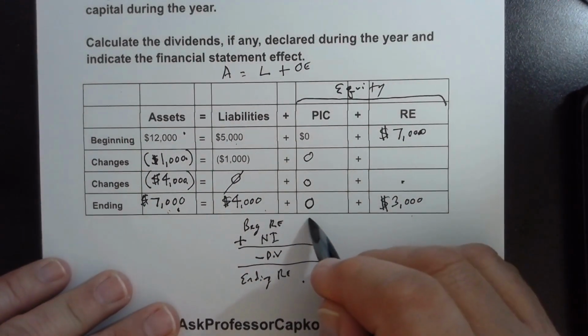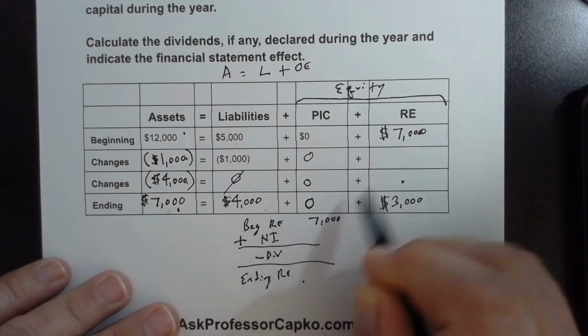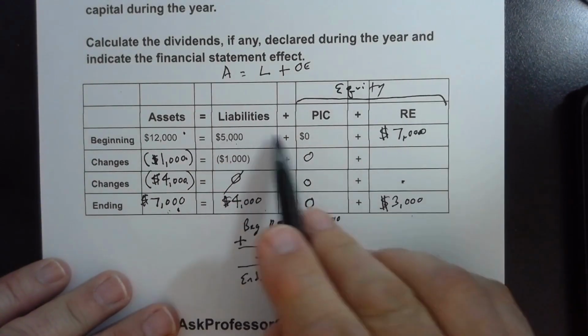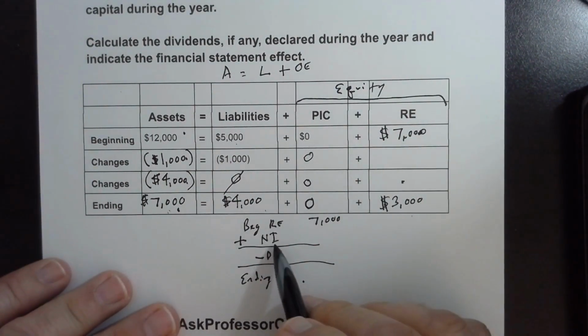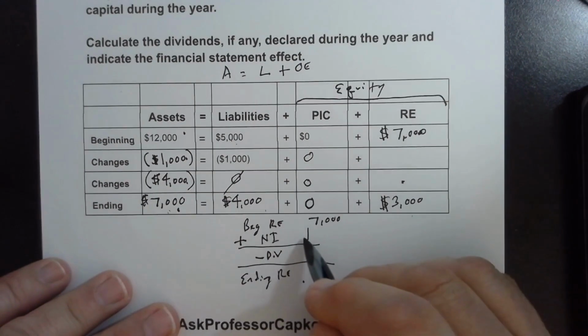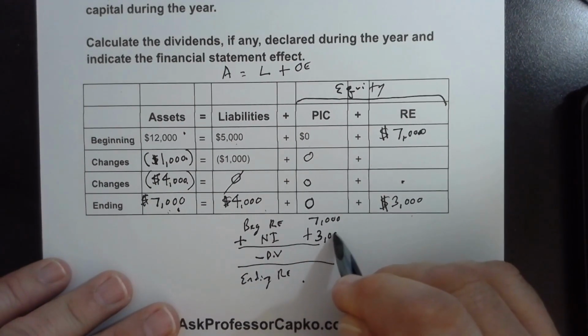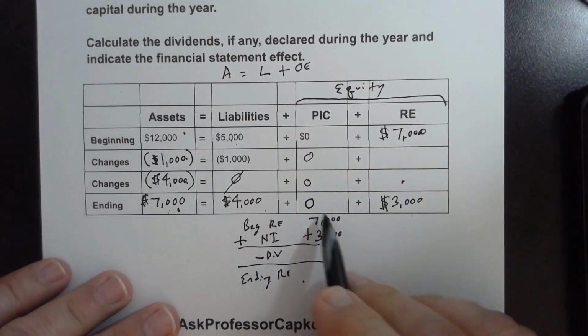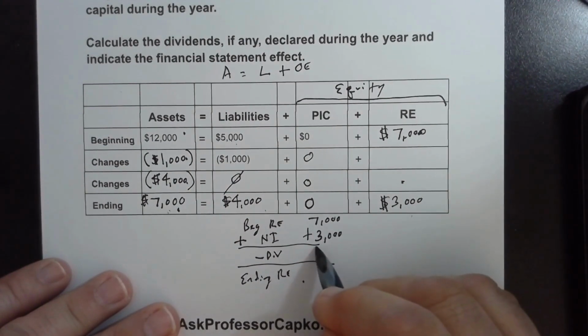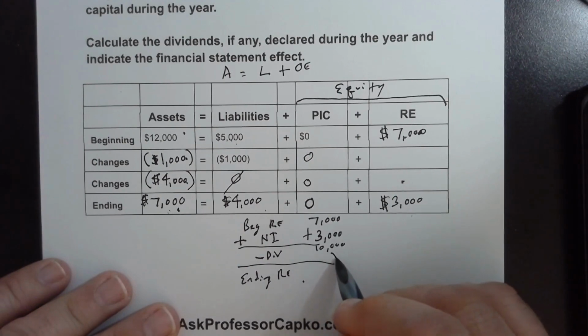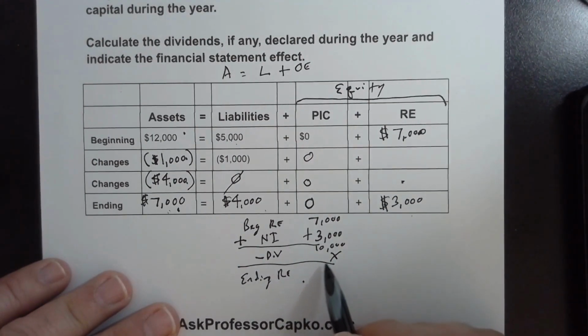We know we have a beginning retained earnings of 7,000 because that was what we derived figuring it this way. We know we have a net income of $3,000 because we're told that in the problem. The 7,000 plus 3,000 is 10,000. We're going to subtract out dividends. We don't know what those are, so I'm going to just put those as X. Minus X is equal to our ending retained earnings, which is 3,000.